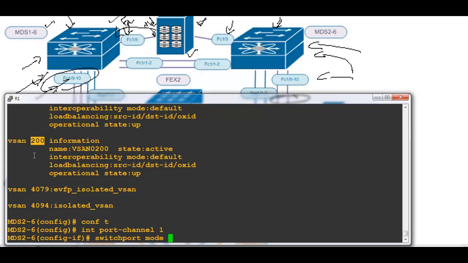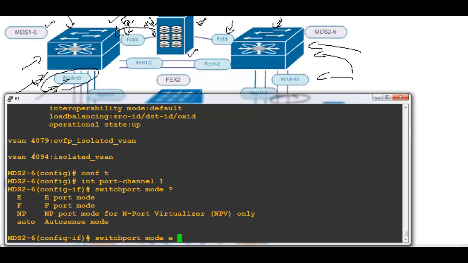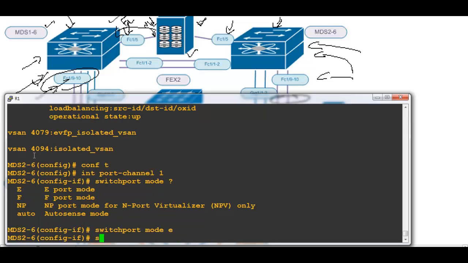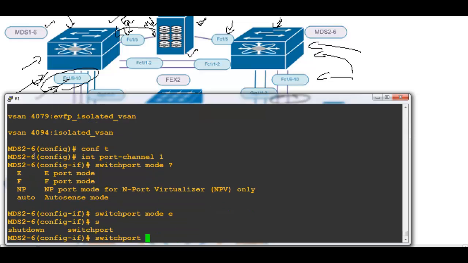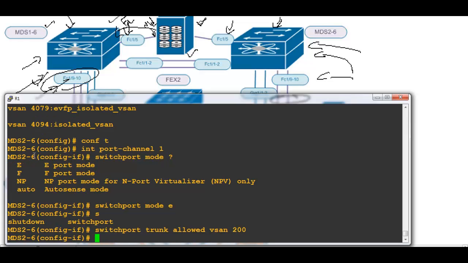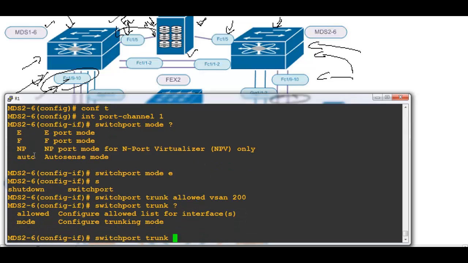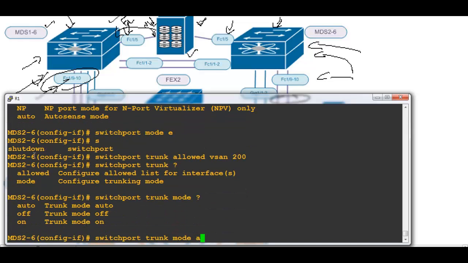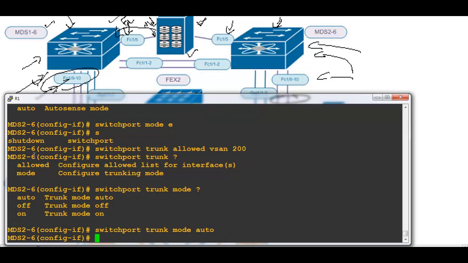And I say switch port mode E, switch port trunk allowed vSAN 200, switch port trunk mode auto. What else?